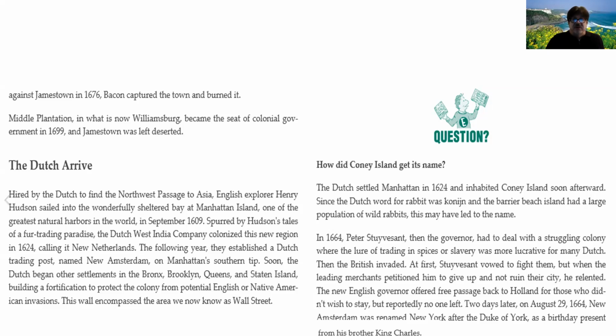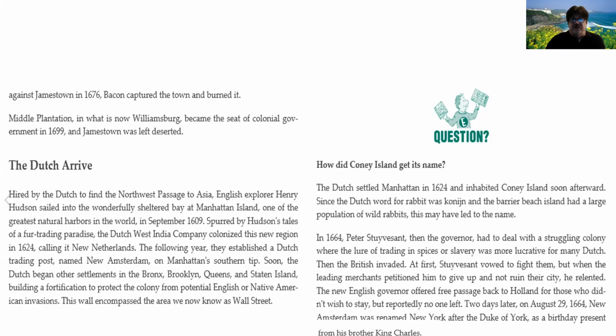In 1644, Peter Stuyvesant, then the governor, had to deal with a struggling colony where the lure of trading in spices or slavery was more lucrative, or the possibility of making a lot of money, that's what lucrative is, for many Dutch. Then the British invaded. At first, Stuyvesant vowed to fight them, but when the leading merchants petitioned him to give up and not ruin their city, he relented, or gave in.